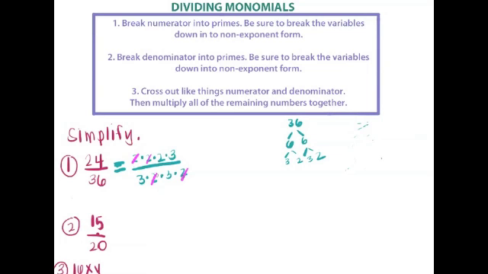I have a 2 here, but there are no more 2's on the bottom, so I can't cross that out. But I end up with a 3 here, and I can cross that out. So what's left? On the top I have just this 2, so I write it again. On the bottom I have just this 3, so I write it again. To simplify this, I get 2 over 3.